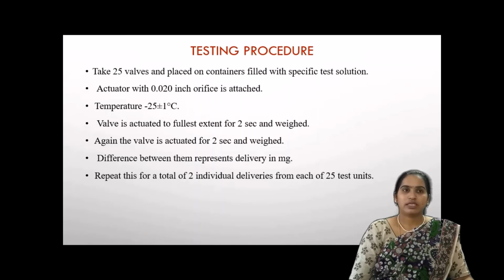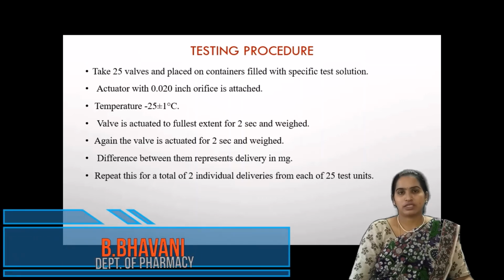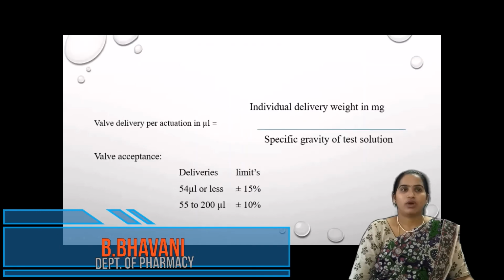This procedure is repeated for a total of 2 individual deliveries from each of the 25 valve units. The valve delivery per actuation in microliters can be calculated by using the formula: individual delivery weight in milligrams divided by specific gravity of the test solution.